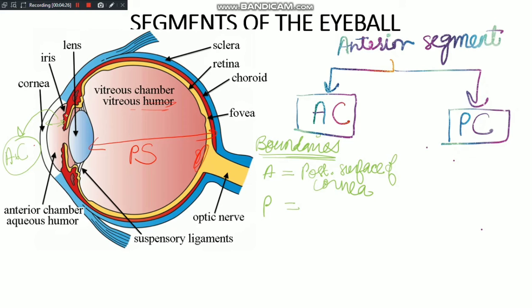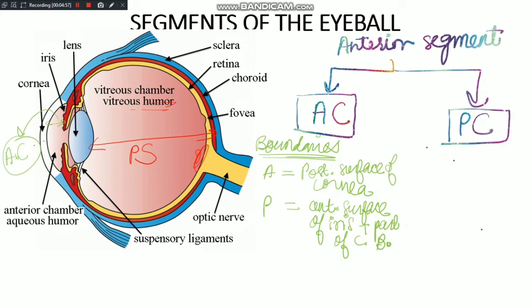Posteriorly, it is bounded by the anterior surface of the iris plus part of the ciliary body, and it is filled with aqueous humor.